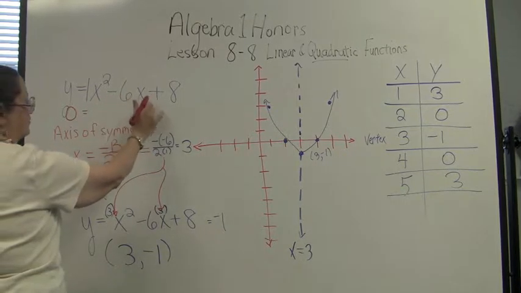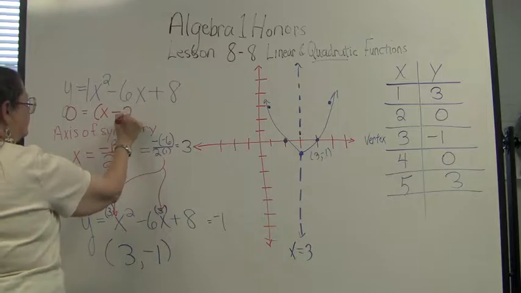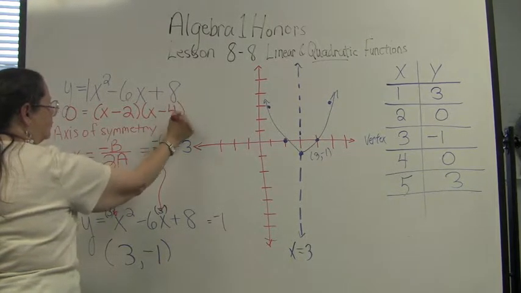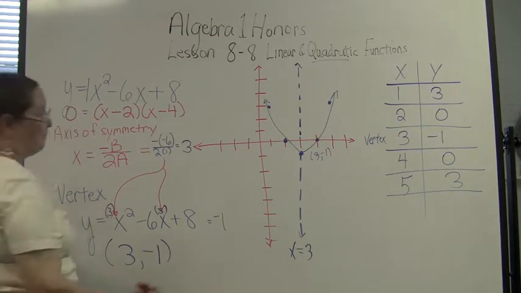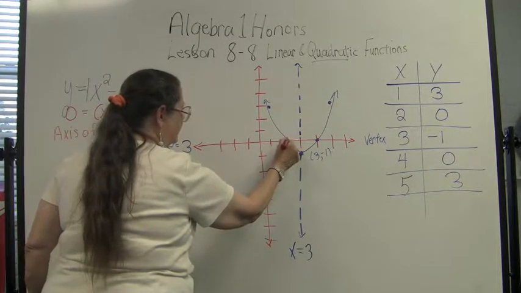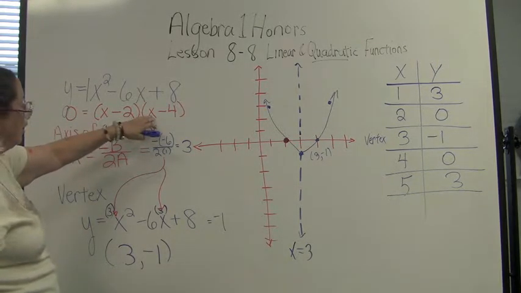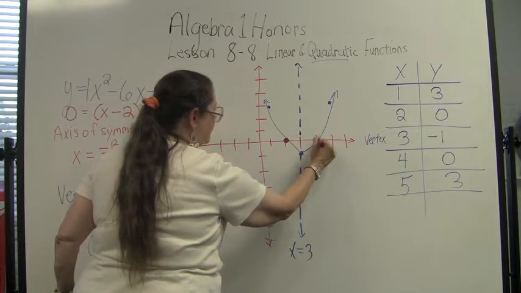X squared minus 6x plus 8 factors into x minus 2 times x minus 4. And so when x is 2 and y is 0, right here, that equation is true. And when x is 4 and y is 0, that equation is true right here.